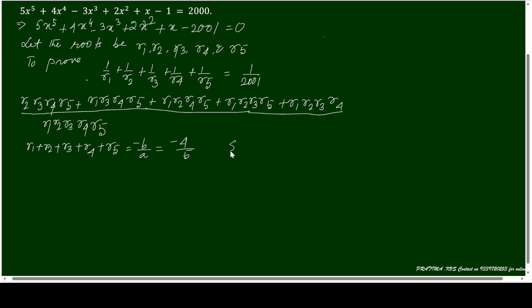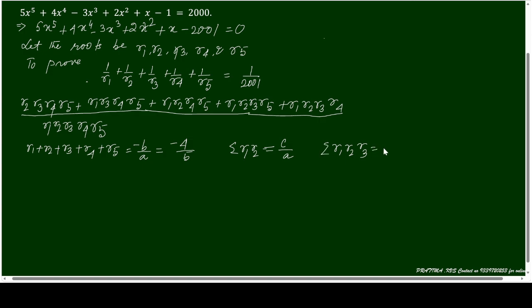Similarly, taking 2 at a time equals c by a. Taking 3 at a time, the sum is minus d by a.